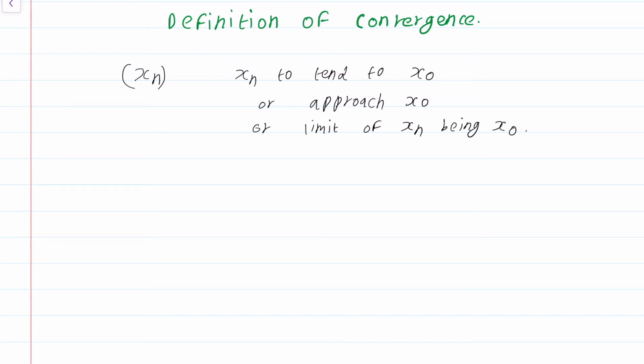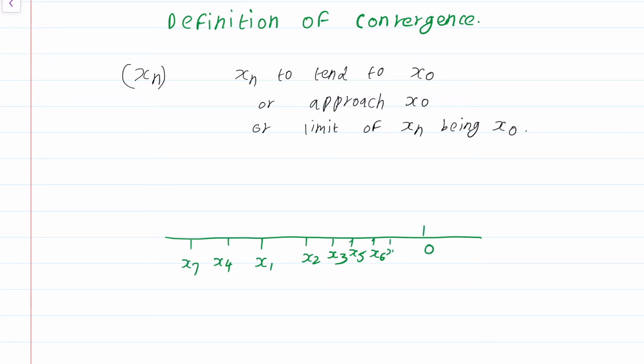So let's draw a picture to see what we could possibly mean by convergence. This is the real line and we have terms of the sequence xn. x1 is here, let's say x2 is here, let's say x3 is here, let's say x4 jumps back, then x5 is here, x6 is here, let's say this is 0, then x7 is here, then x8, x9, x10.